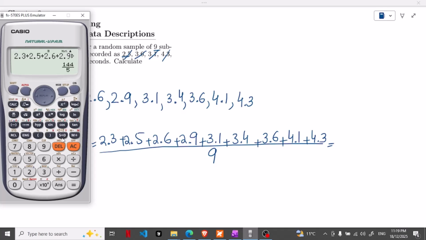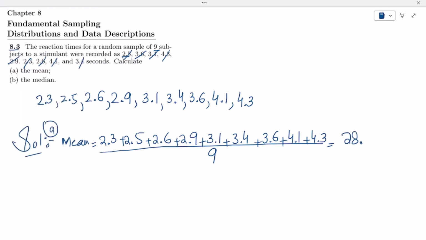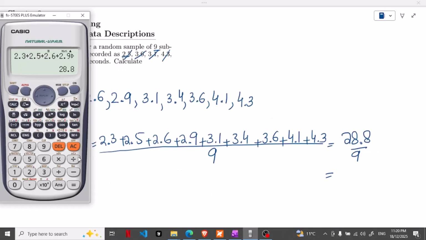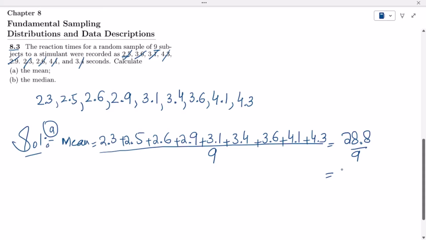Okay, so this is what we have. You can check it, and if there is any error in it, you can let me know. So 28.8 divided by 9. This is 3.2. So the mean is 3.2.